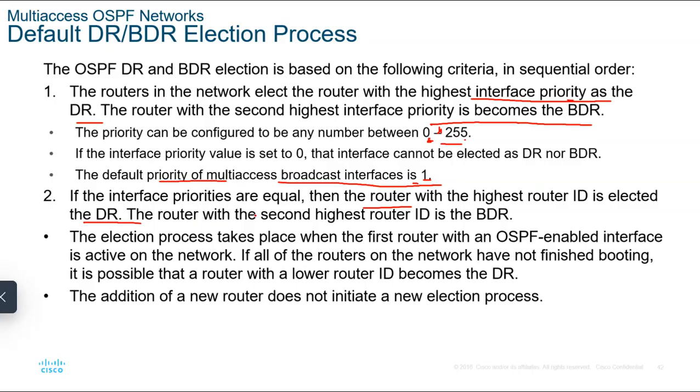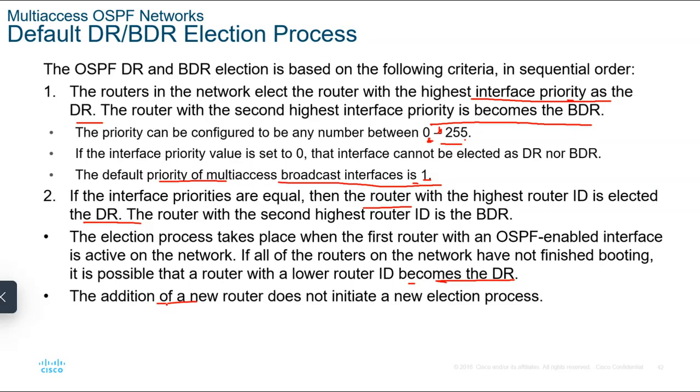The election process takes place when the first router with an OSPF-enabled interface is active on the network. If all other routers on the network have not finished booting, it is possible that the router with the lowest router ID can become the DR. So for the election to take place, all of the routers must have booted first.